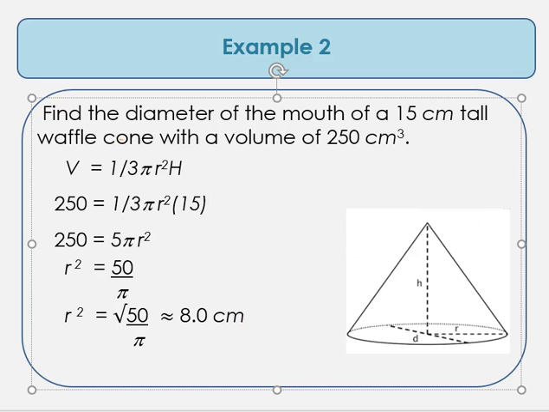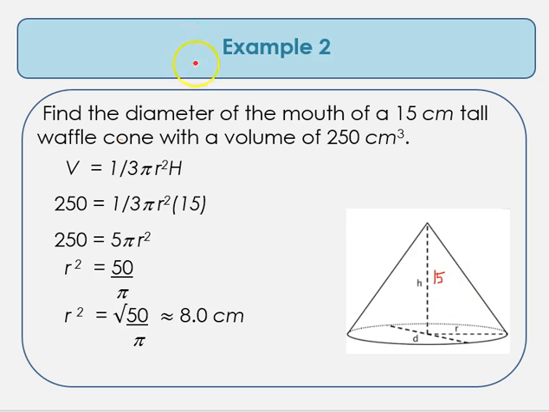So volume equals 1/3 pi radius squared times the height. We were told that the volume in this problem is 250 centimeters cubed and that the height is 15 centimeters.